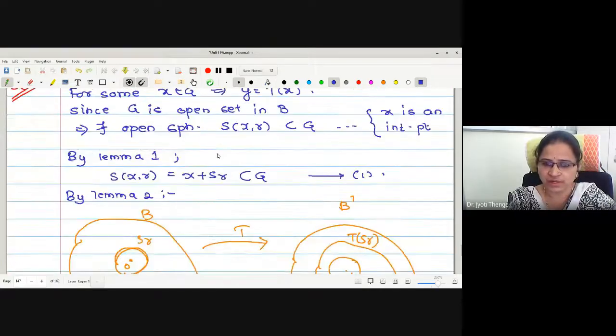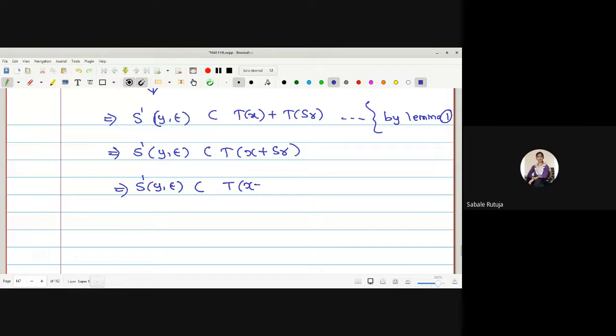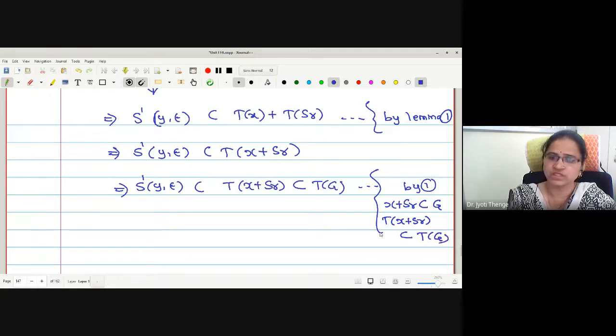Now look at your statement number 1: X plus SR is contained in G. Then what about T of X plus SR? It is contained in T of G. Let me just write here: X plus SR is contained in G implies T of X plus SR must be contained in T of G. Now, what have we found?